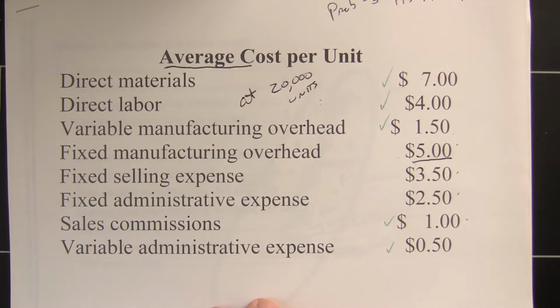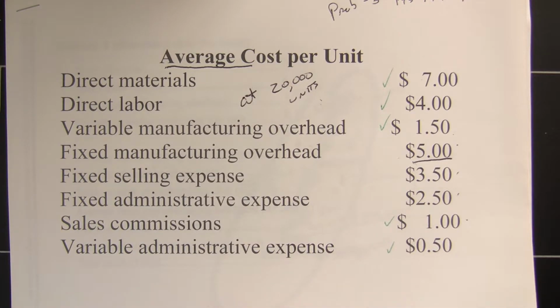And they expect to sell 19,800. So they have 200 units that they've already made sitting in a warehouse. They're just sitting there. And it wants to know, what is the incremental manufacturing cost incurred to sell these units?